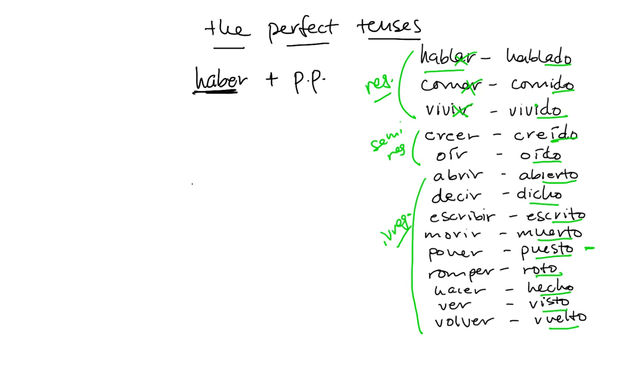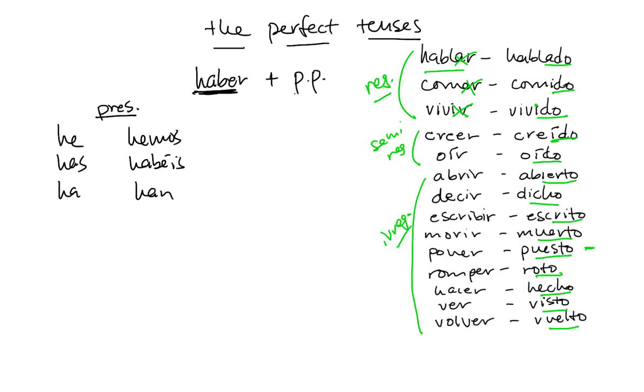For the rest of the perfect tenses, we simply conjugate haber in its different conjugations. For example, the present tense of haber is he, has, ha, hemos, habéis, han. So haber would translate in English as to have, but it's not to have in the sense of to possess something.